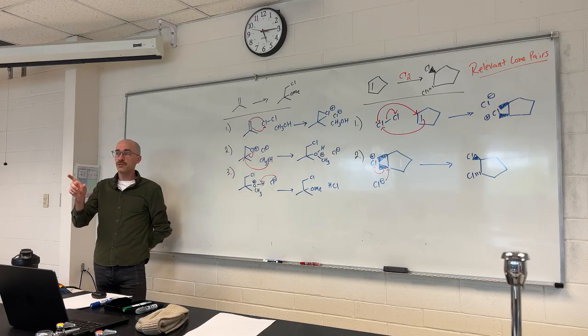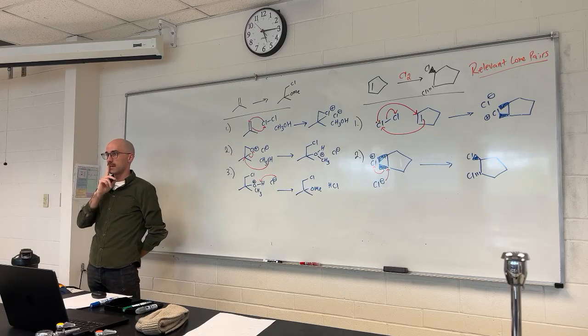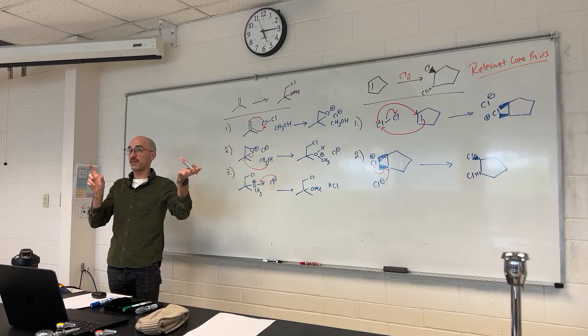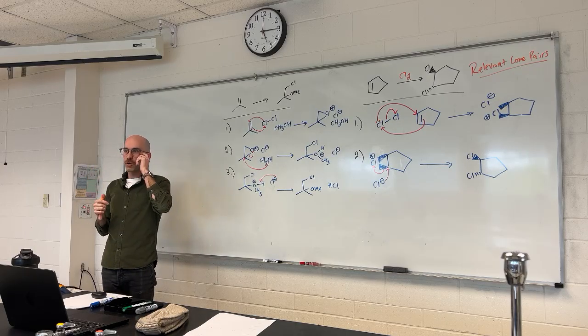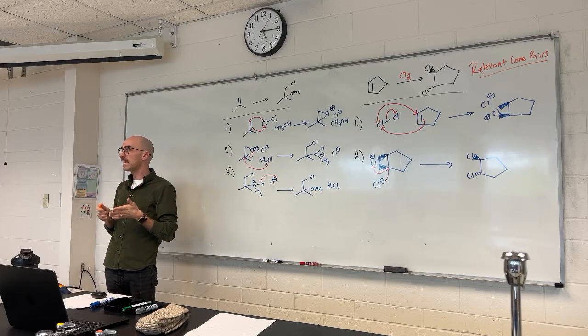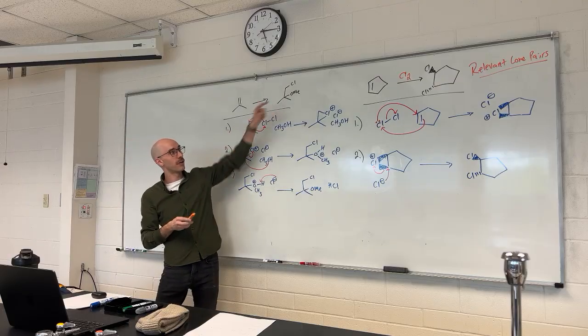It's not X2 because I don't add two X's. It's X2 with something, ROH. And the name that we'll call that is halo ether. Halogenation in alcohol gives us a halo ether product.